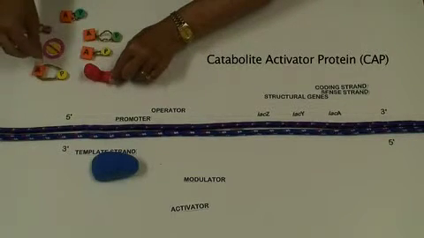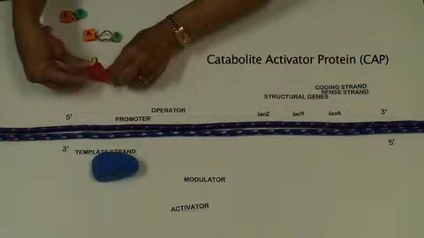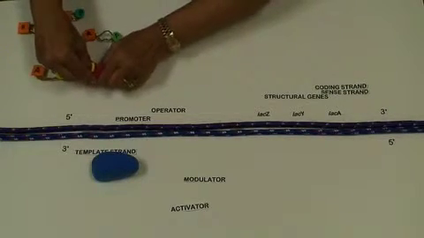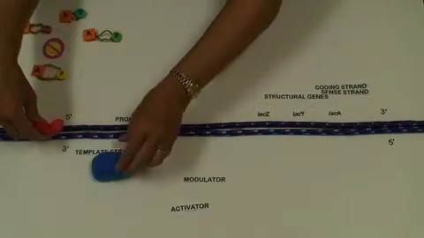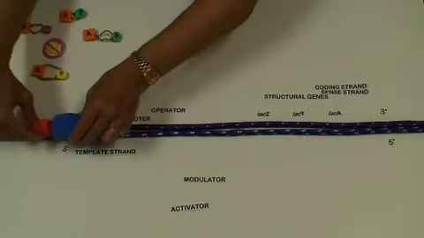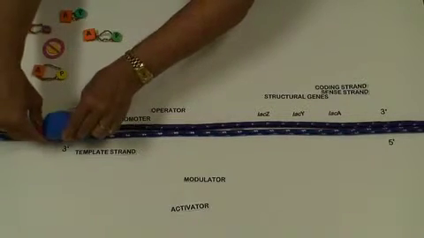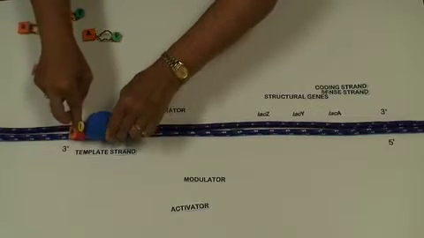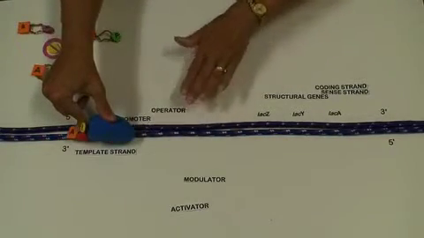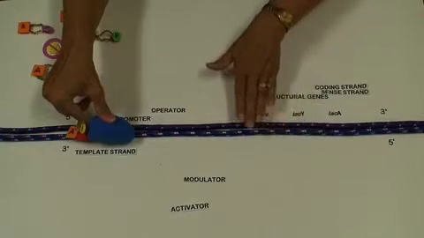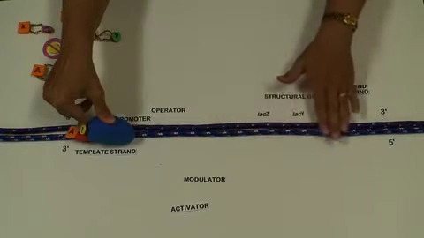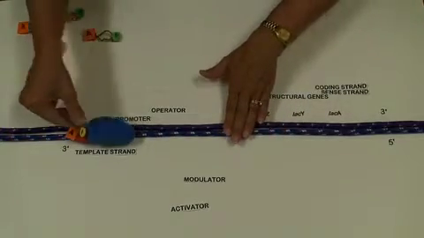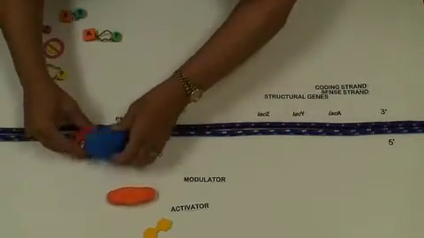Now, the cyclic AMP is going to bind to it, and when it binds to it, it makes a conformational change which allows it to bind to the DNA. And when it binds to the DNA, it helps that RNA polymerase bind. And when it helps the RNA polymerase bind, we now get really efficient transcription and then translation of our lactose operon, which is what we want because remember, we have lactose in the system.